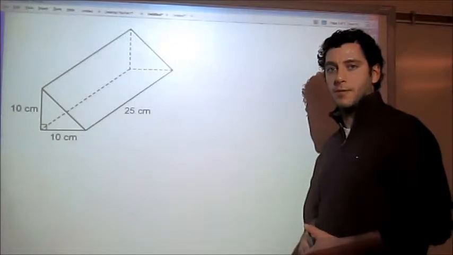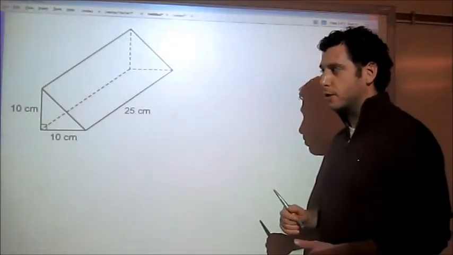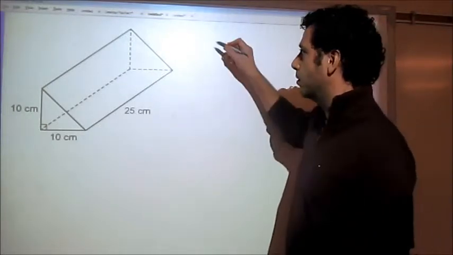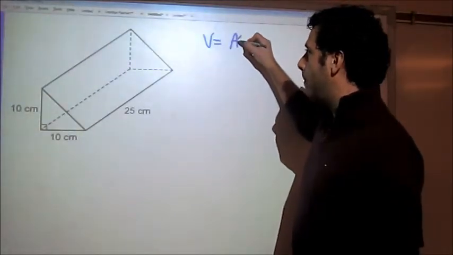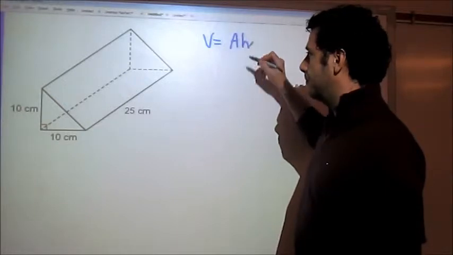Let's try a couple more examples. When trying to determine the volume of a right triangular prism, remember that the volume is equal to the area of the base times the height.